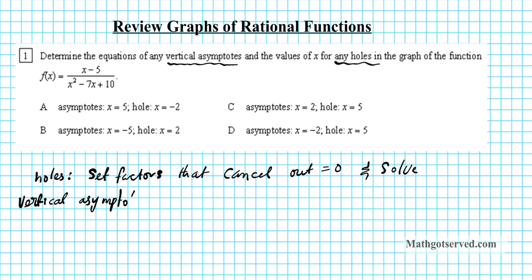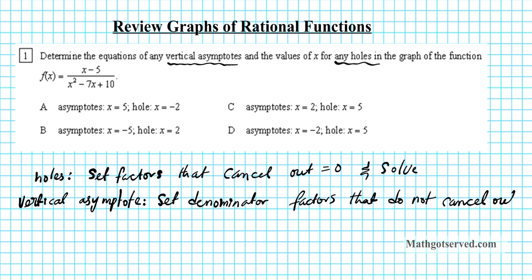To find the vertical asymptote, you're going to set denominator factors that do not cancel out. Set those ones equal to 0 and solve.